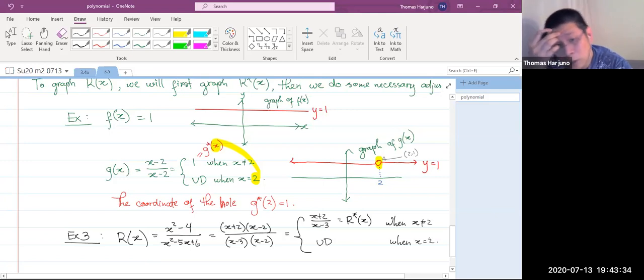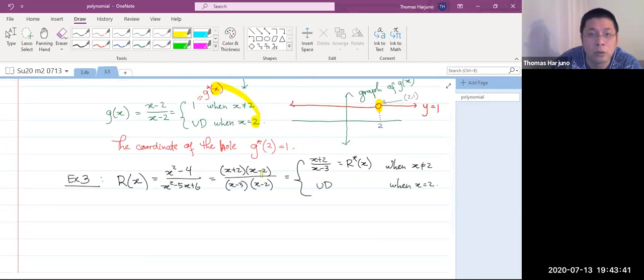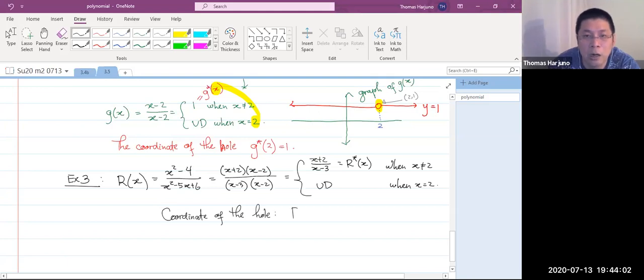So the question is then, what's the hole? Where's the coordinate of the hole when you cancel this? Okay, then we have a hole. But where's the location of the hole? The coordinate of the hole will be R star (2).